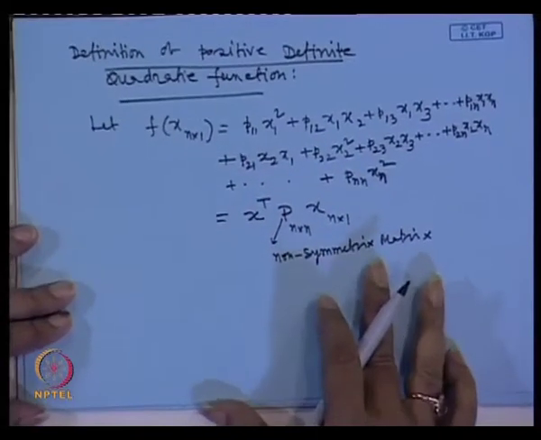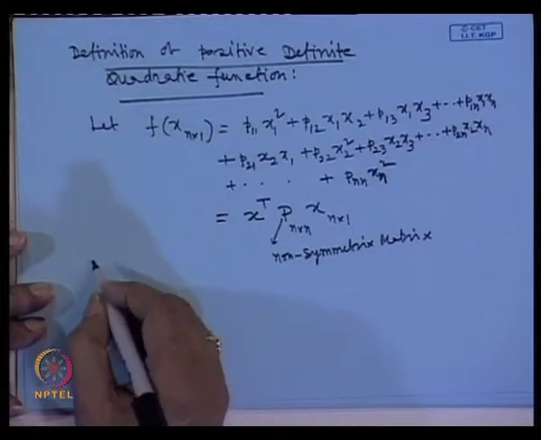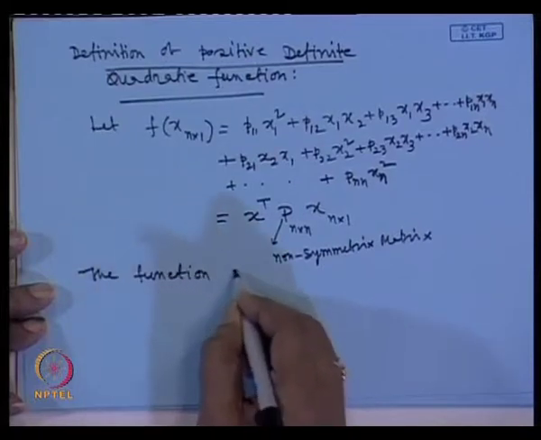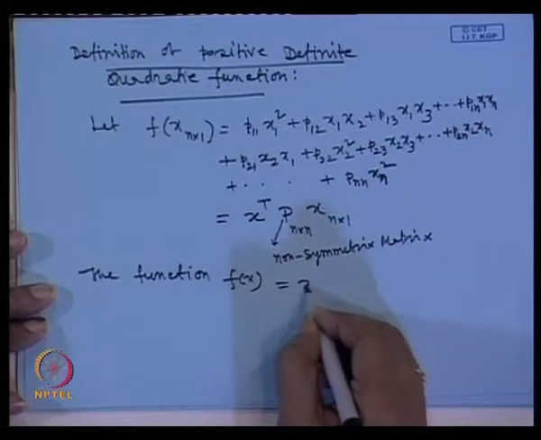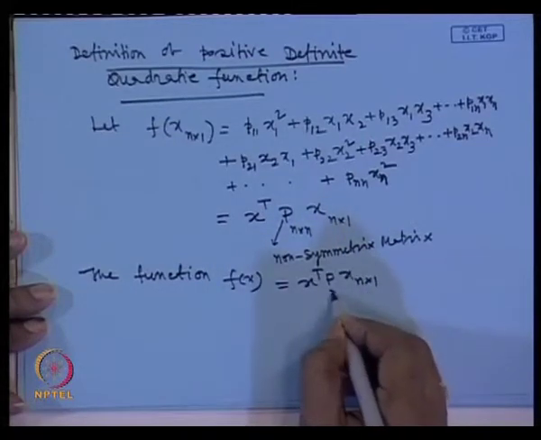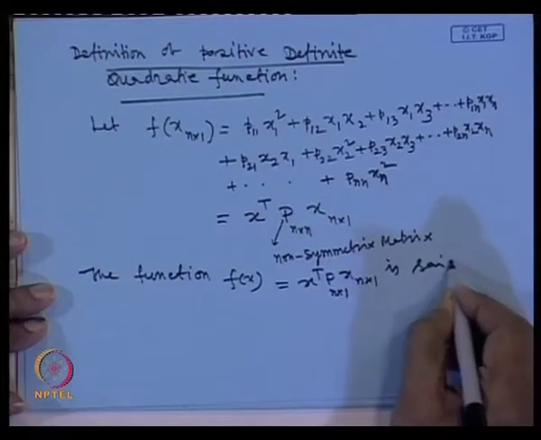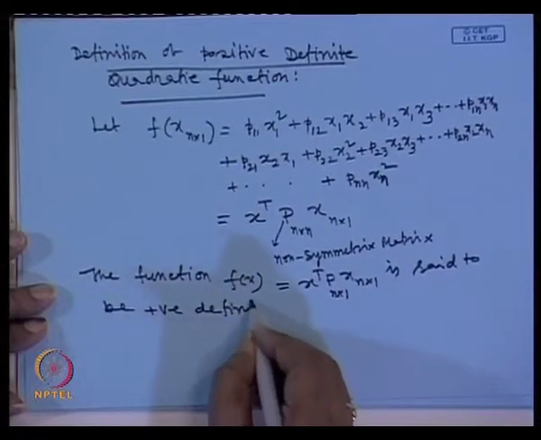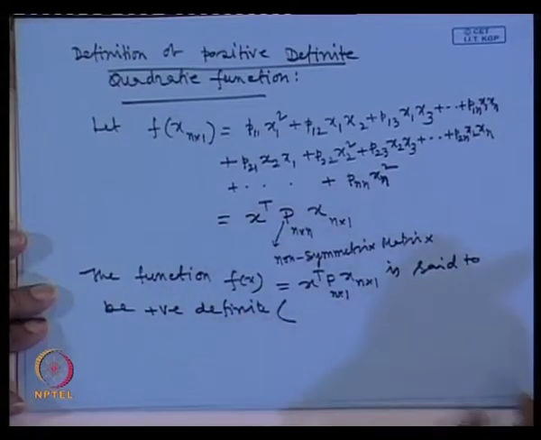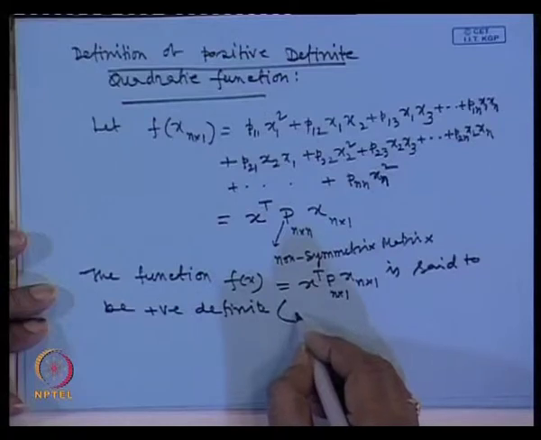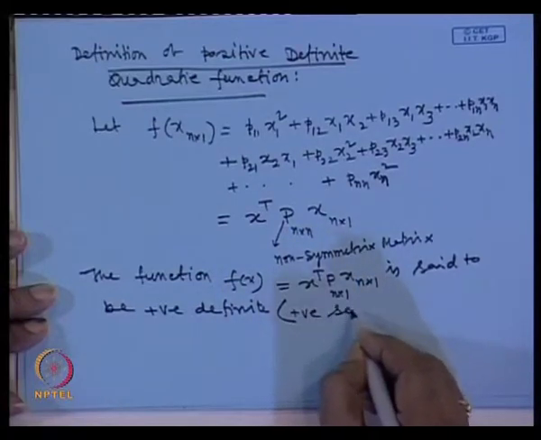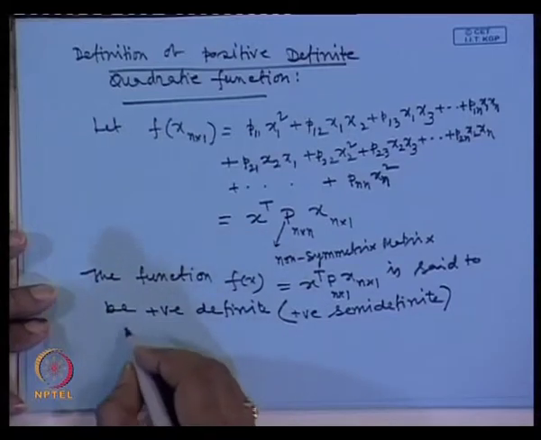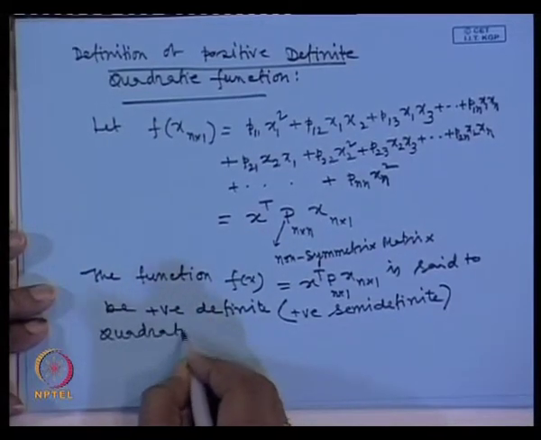Agree. So, our definition of a positive definite matrix is that first the function f of x, which is equal to x transpose p x, with x of dimension n cross 1, is said to be positive definite (or positive semi definite) quadratic function.